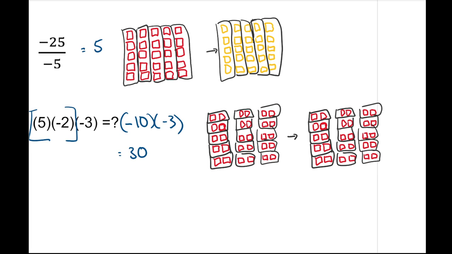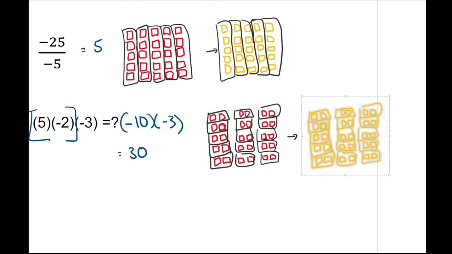So again, a little bit more difficult to visualize when we're dealing with positive numbers. The idea is we can make those positive because it's the opposite of what we just had.